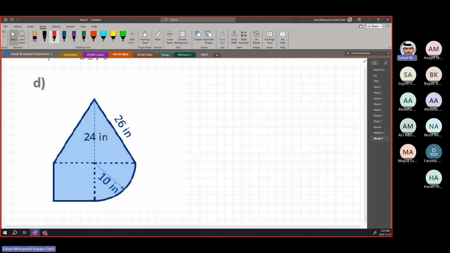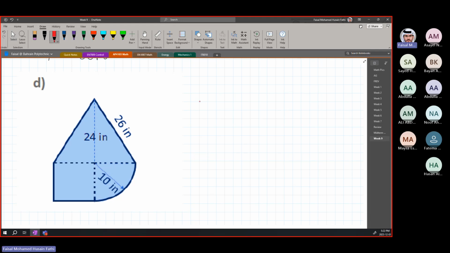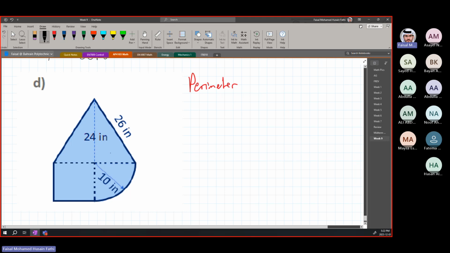And we're going to first solve for the perimeter. Let's solve for the perimeter step by step. So perimeter, look at the sides we have. We have 26. The other side has to also be 26 because this is cutting it right in the middle. This side is equal to this side because this is 10 inches. This is 10 inches because this is the radius from the center to the edge.